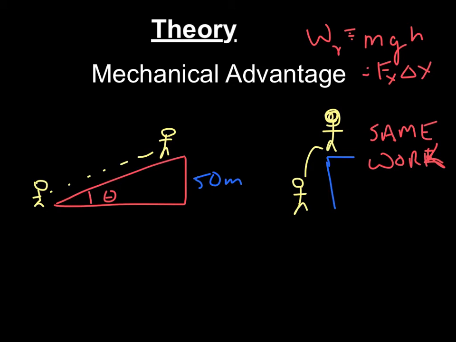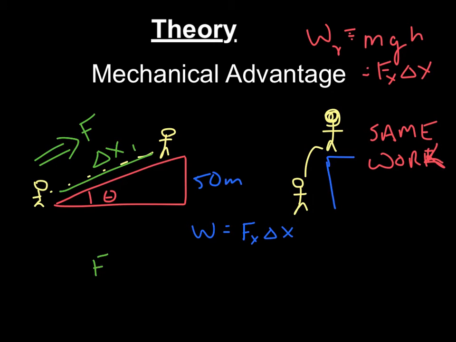So when we talk about mechanical advantage, we are talking about a force advantage. So let's take a look. If you know that work equals Fx delta x, and we look at the distance for person 1, this would be delta x1, and this would be force 1. You know that F1 delta x1 equals F2 delta x2.